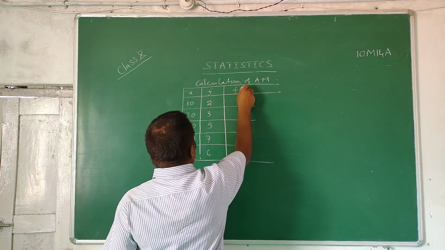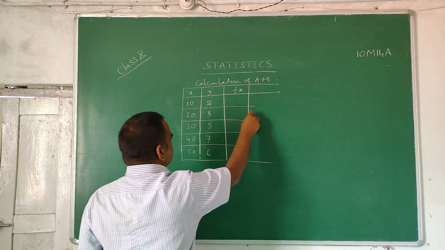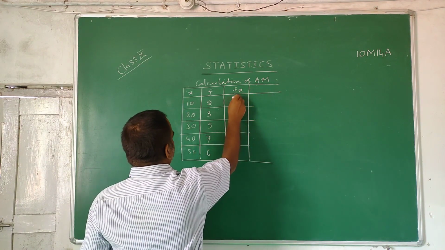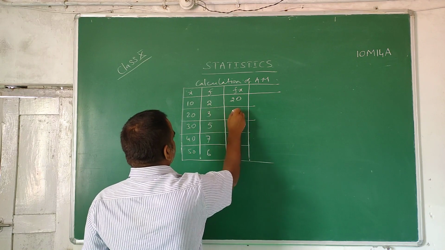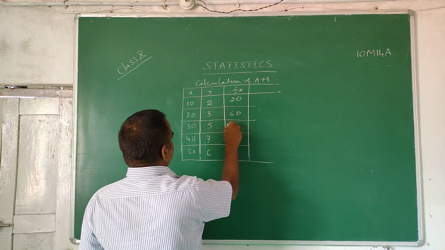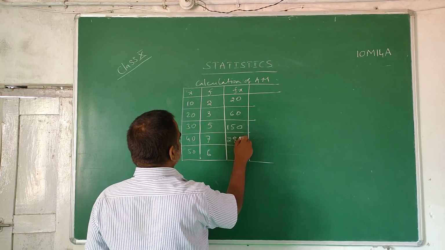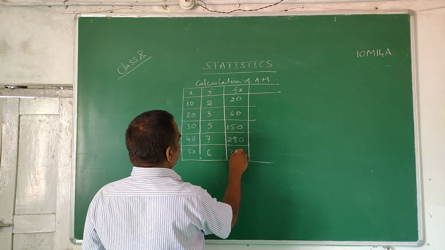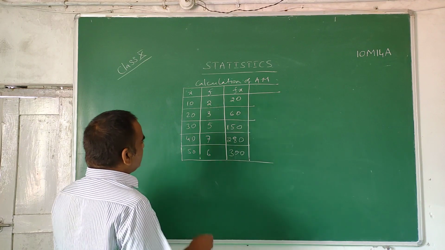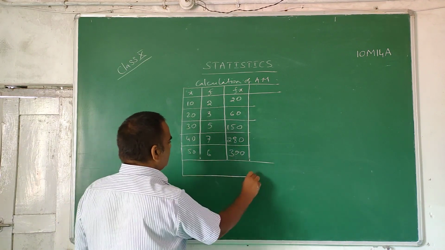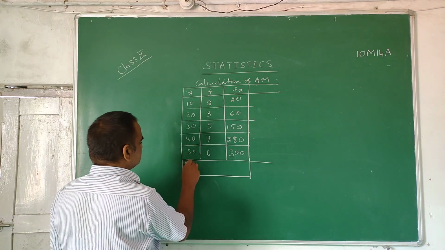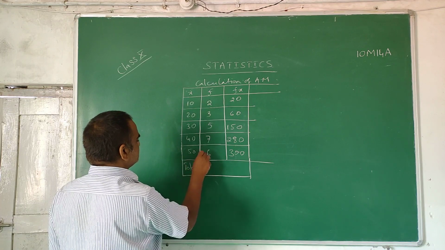Now take f into x and start multiplying. 10 2s are 20, 20 3s are 60, 30 5s are 150, this is 280, this is 300. Do you agree? Now this block is for the total.